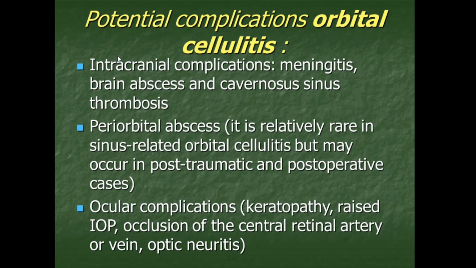Periorbital abscess we can also see in the case of orbital cellulitis, and ocular complications: keratopathy, rise in intraocular pressure, occlusion of the central retinal artery or vein, optic neuritis.